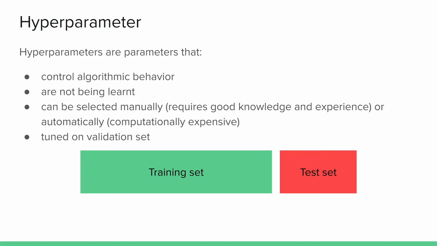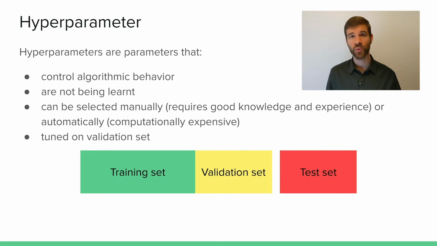So what we can do instead is take our training set and split it again. We split our training set into a set that the network is allowed to see and a so-called validation set, where we're actually tuning the hyperparameters. So we're trying to find good hyperparameters and we're pretending the validation set is our test set.